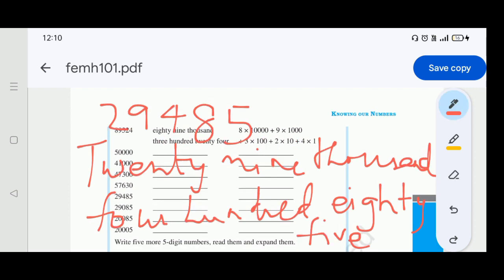The next question is 29,485. So we can write its number name as 29,485.